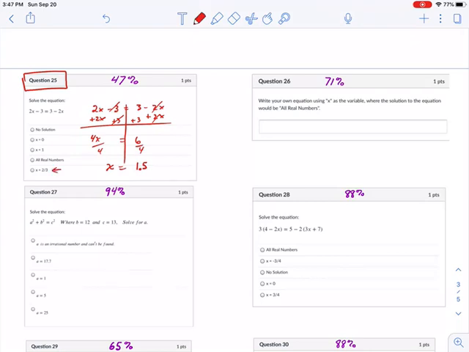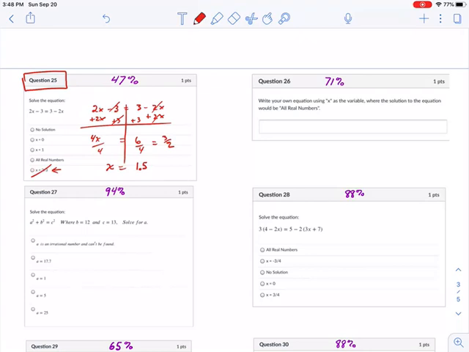No wonder only 47% of you got that correct. So my apologies on that one. I probably did the same thing you did. I did it in my head, and then I didn't write it down, and I just got 2/3 instead of 3/2. See, it should be 3/2. Oh well, live and learn.